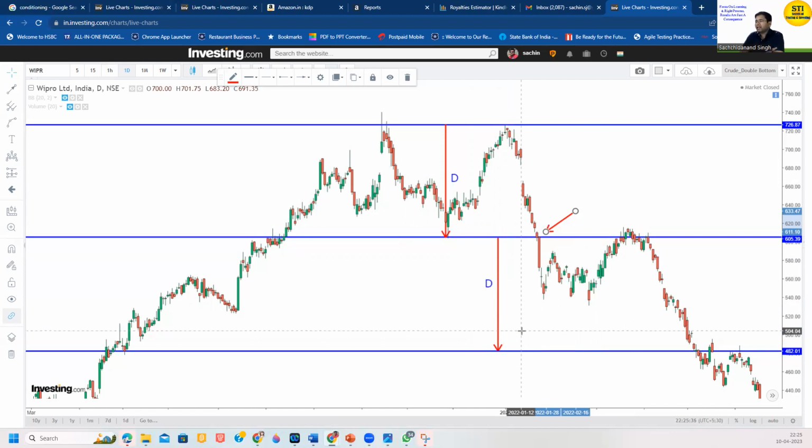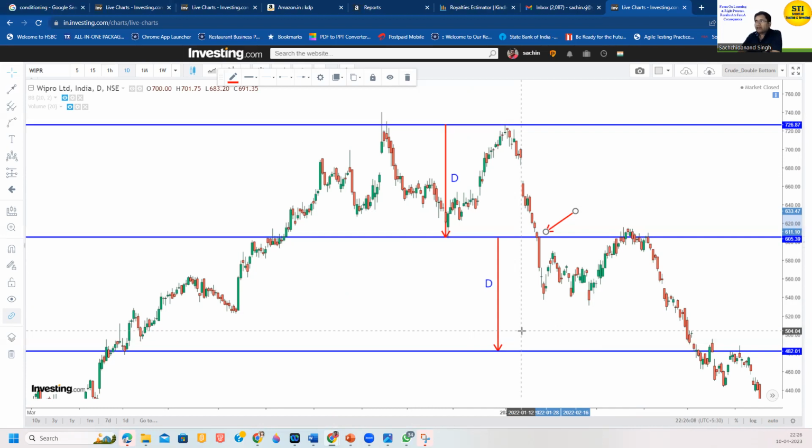Either you exit based on your targets, that you have defined on the chart, and stick to that: if my target is achieved, then I'm going to exit. You can have multiple targets, maybe half of the quantity you exit at the first target and the remaining at the second target, and so on. Or the second option for exiting the market is the stop loss. So whichever the market touches first, based on that you should do the exit.